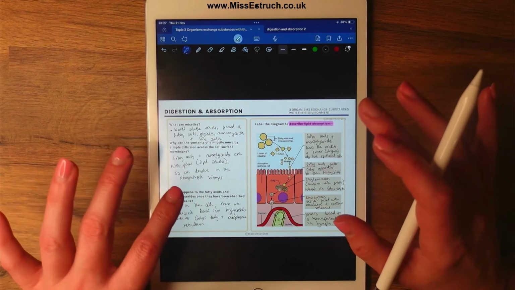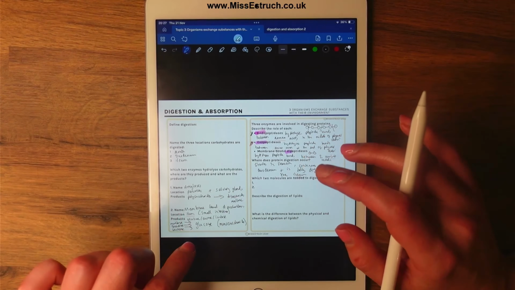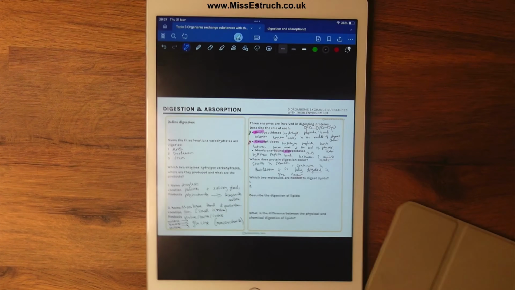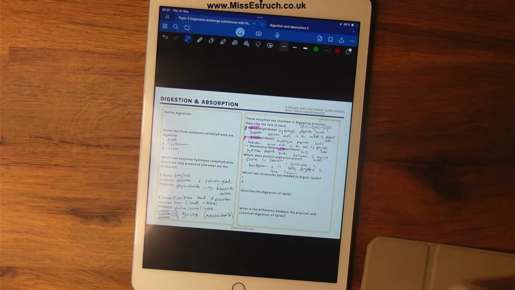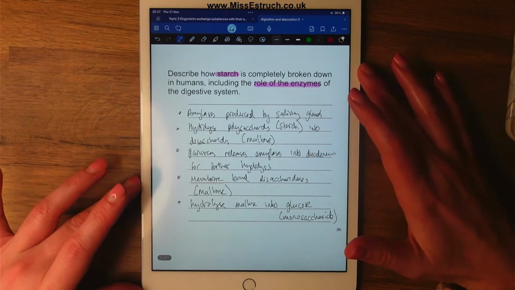I've done more actually on the absorption of lipids and more on the digestion of these two. I haven't done the absorption of all of them, but we are at 1:30 now, so I'm going to stop it there. But I'll have a little look to see if there are any questions coming up in the chat box. I'll just leave it on this question in case people were trying to look at those.